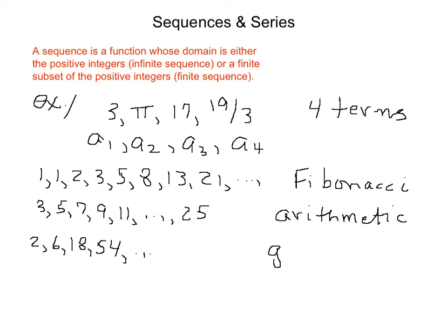A sequence which behaves like that is called geometric. So arithmetic is when we add the same thing to each term to get the next one. Geometric is when we're multiplying by the same thing to get the next term. And it's arithmetic and geometric sequences that we're going to be studying the greatest. Okay, let's move along.